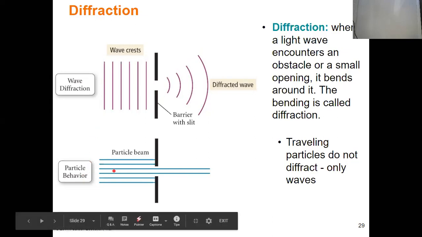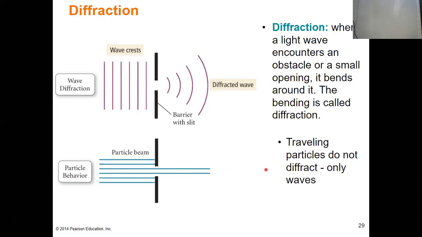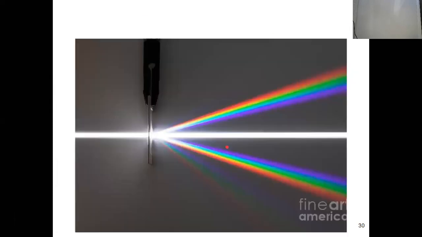Particles do not diffract. A particle, if it hits this opening, is just going to keep on traveling straight through. But when a wave hits an opening, it's going to bend around that opening and start moving in a different direction. So what you're seeing here is an example of both of those things. This is light that is being diffracted, and you'll see that you have this spreading out based on wavelength.